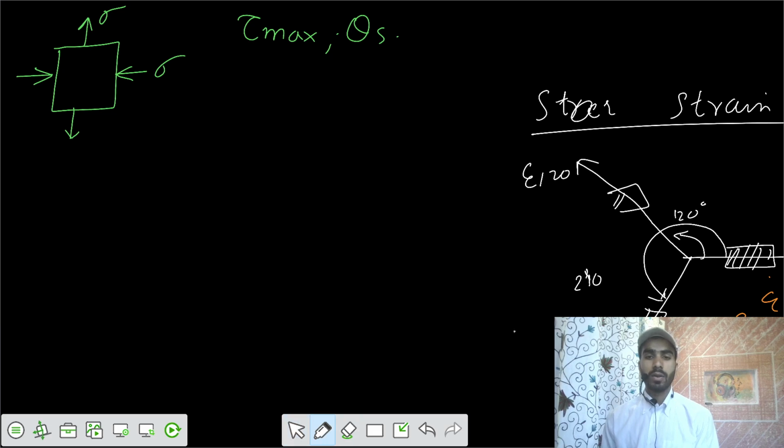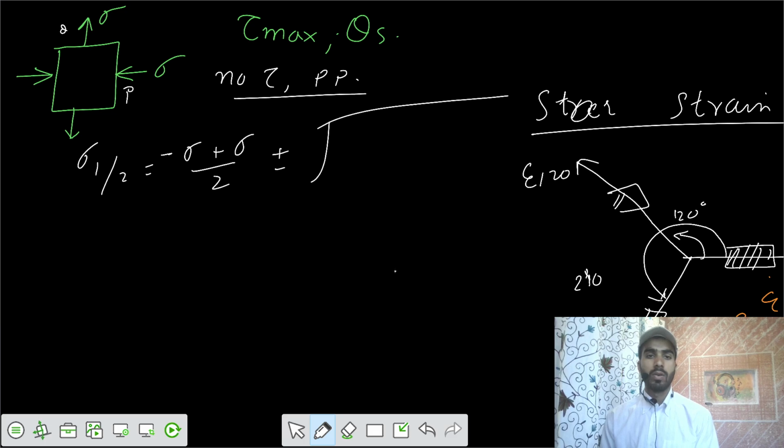If you use the calculations, since on this particular plane P and Q there is no tau acting, that means these are principal planes. So we can say sigma 1,2 equals sigma x plus sigma y by 2 plus minus root of sigma x minus sigma y by 2 whole square plus tau xy whole square.